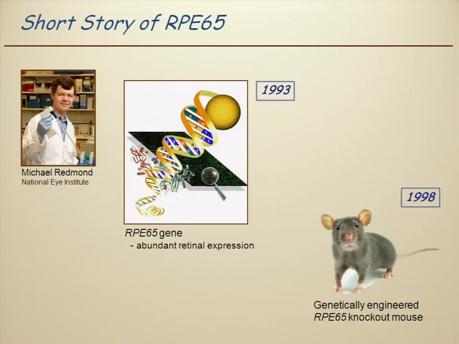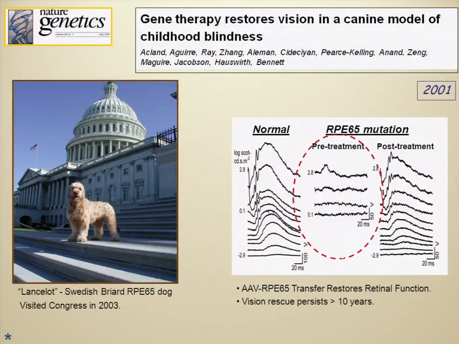In fact, they had LCA, Leber congenital amaurosis. And then the story moved to Sweden, where the Swedish Briard dog was found to have mutations in this gene. And then the story speeded up quite a bit.